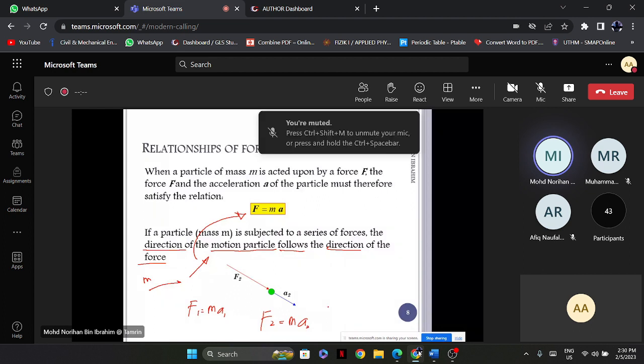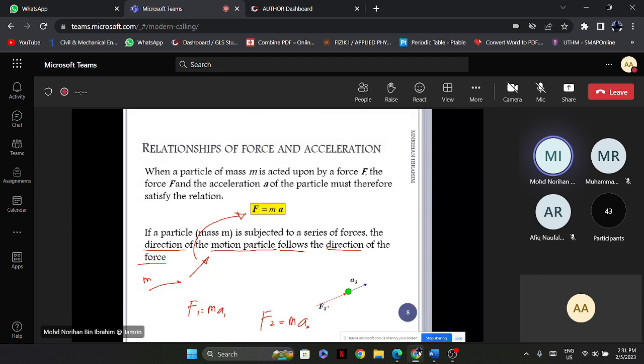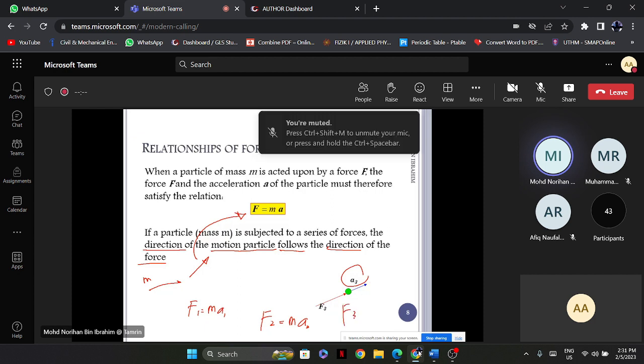And similarly, if we have the third one, an external force of F3, which is applied to a particle based on this direction, this particle will have its direction of motion follow the direction of the force itself. So we have F3 is equal to ma3.